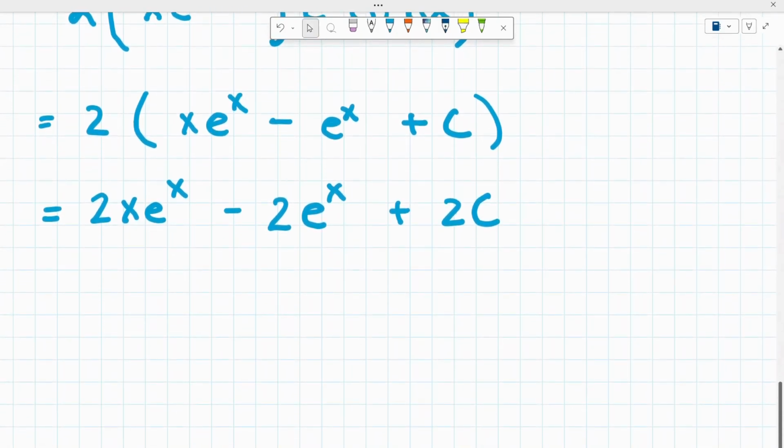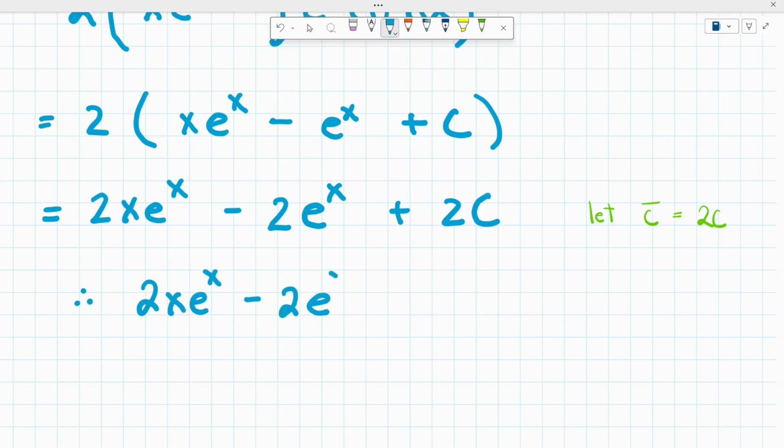And then since c is not defined, it's our integration constant, we can just say let c bar equal 2c. Therefore, our final answer is 2x e to the x minus 2 e to the x plus c bar. Okay, and that is our final answer.